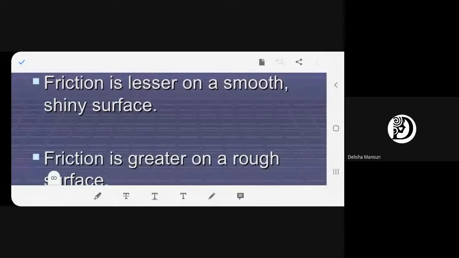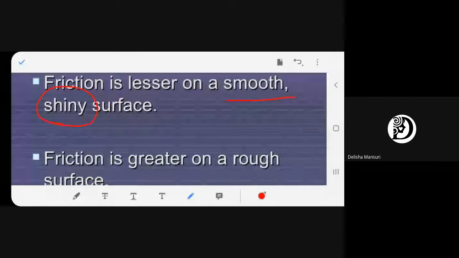Now we had learnt about smooth surface. Have we learnt about shiny surface? What is the meaning of shiny surface? Can you give me an example of a shiny surface?